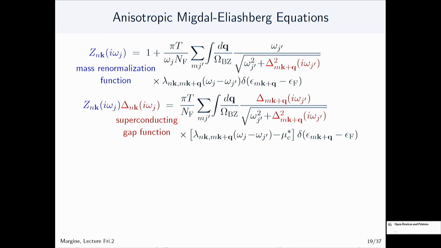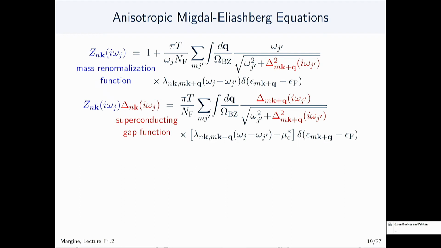So to summarize, what we are left with are our two anisotropic gap equations, the anisotropic Migdal-Eliashberg equations, and this is what is implemented inside the code. Z, as I said, is the mass renormalization function, and D and K is the superconducting gap, the same as in the BCS model.